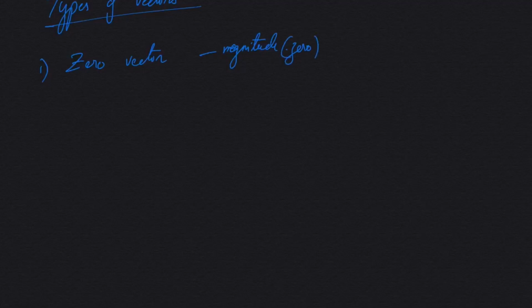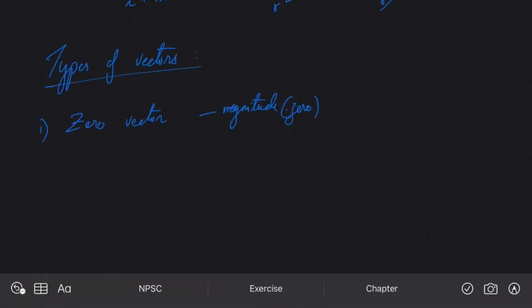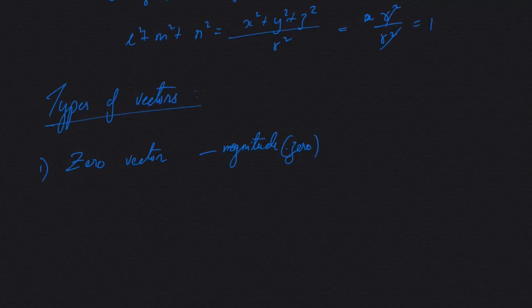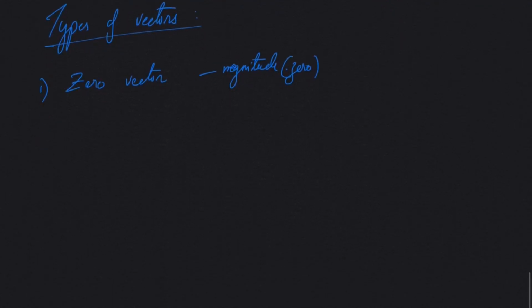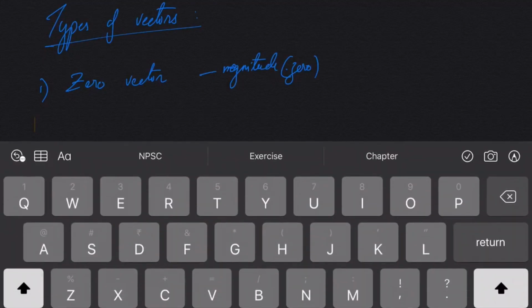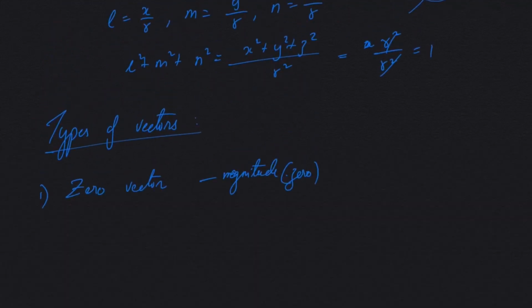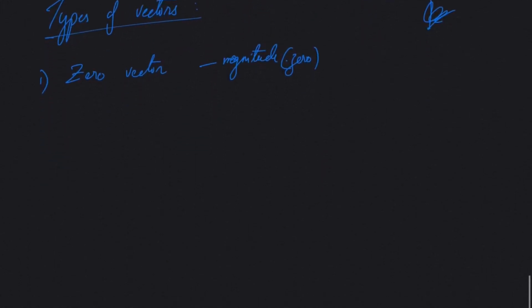Yes, it can happen. That means its length will be 0. Maybe a point where 2-3 vectors meet. So any vector whose magnitude is 0 will be called a zero vector. We will discuss this more again in the next topics.